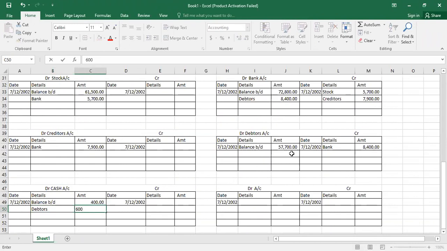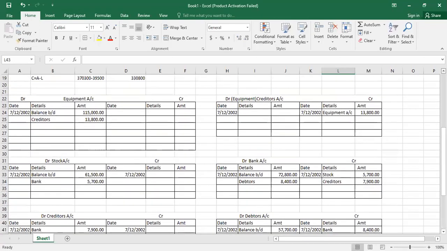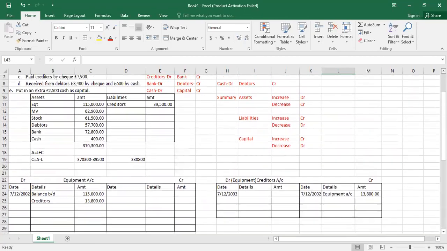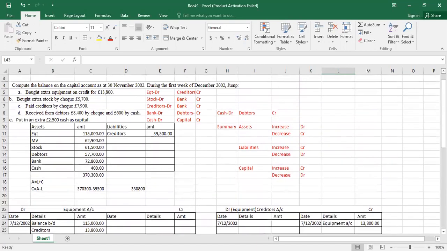So I'll go to the debtors account and they are being paid by a cash of 600. So that is the corresponding credit entry.